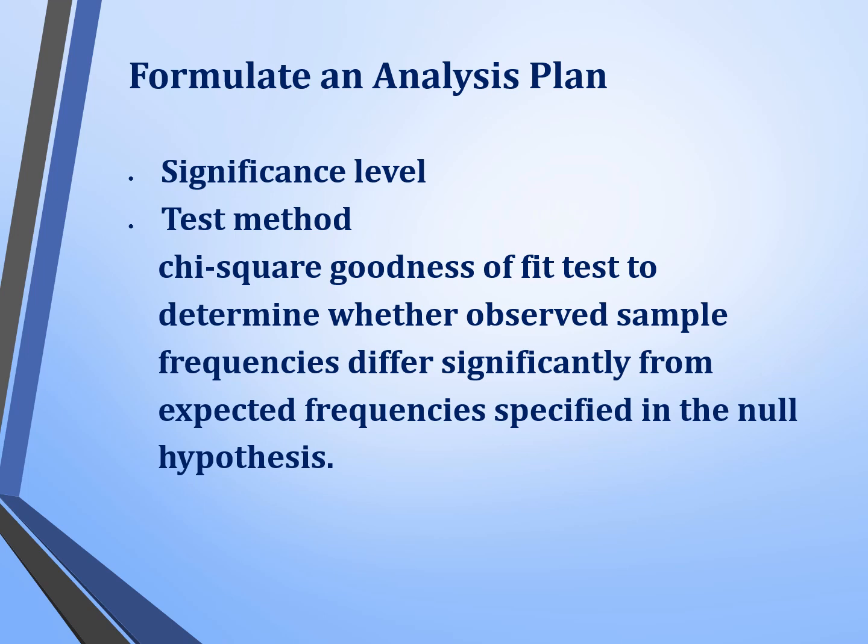Secondly, you should also specify the test method, and here chi-square goodness of fit test is used to determine whether observed sample frequencies differ significantly from expected frequencies specified in the null hypothesis.